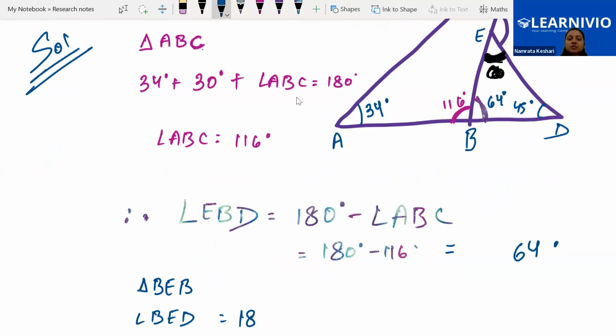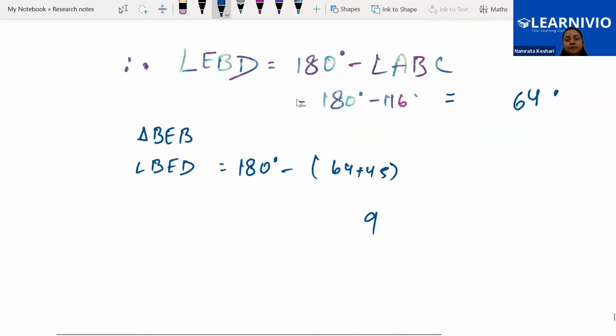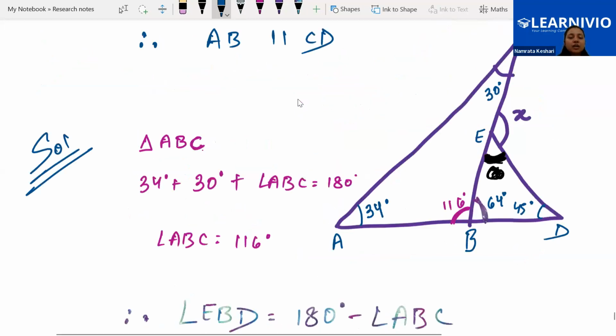That means it will be 180 minus 64 plus 45, which is 71 degrees. I was telling you, if we get this black one, then we will be able to find x. Find x now.